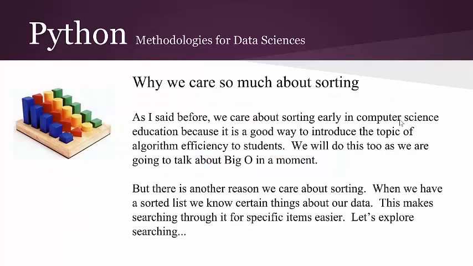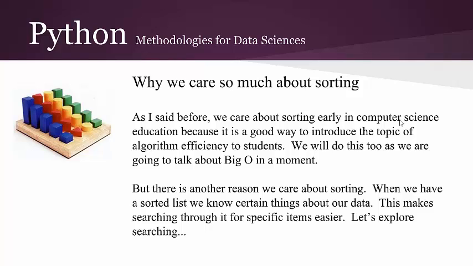All right, that's cool. So it also begs the next question. Why do we care so much about sorting? And we care a lot about sorting because when it comes to data analysis, and this ties into big data a little bit, the more we know about our data, the more informed we can be about examining it, and the more clever we can be about coming to different kinds of conclusions.